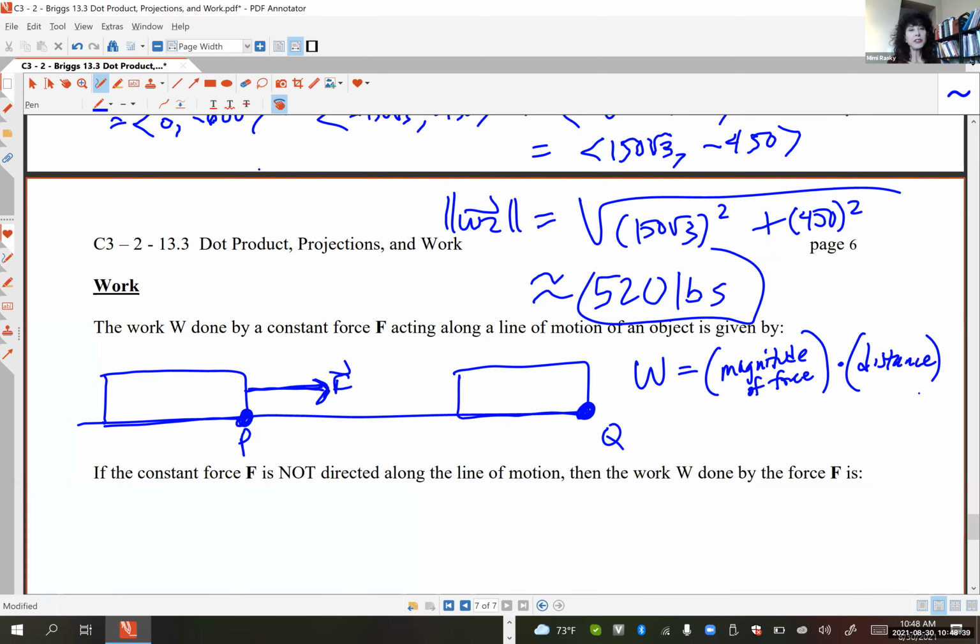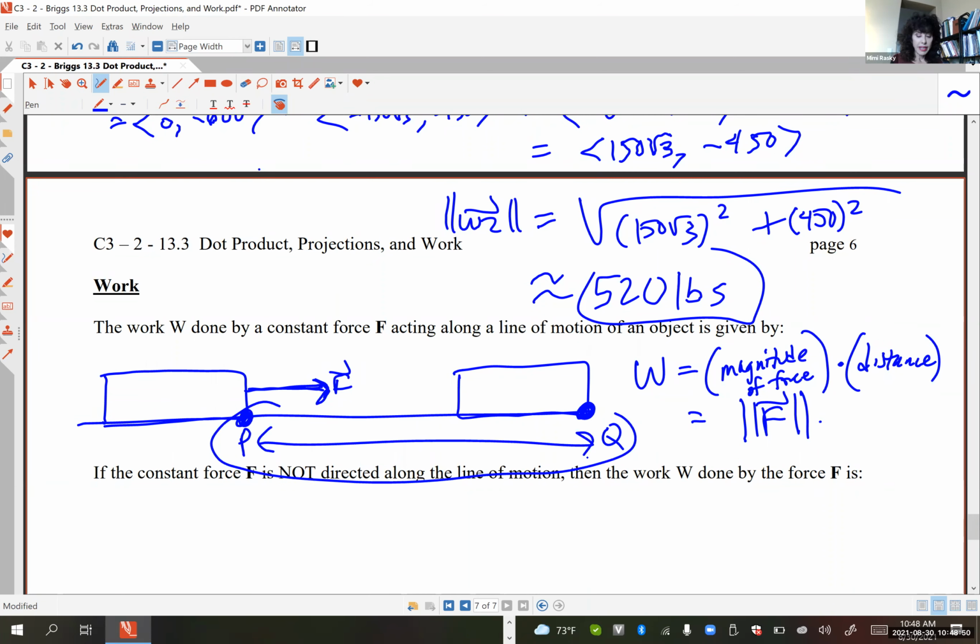So for this picture, it would be the magnitude of F times the distance between P and Q. A quick and dirty way using vectors would be to form the vector PQ and then just take its magnitude, and that'll give you the distance that the rock moved. Yay! And there's an easy work formula.